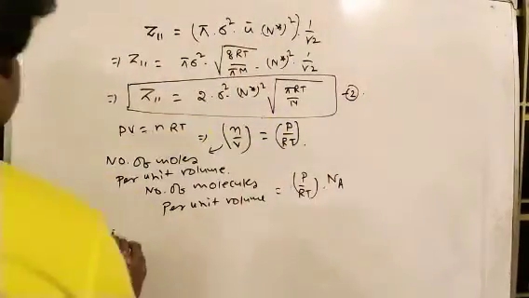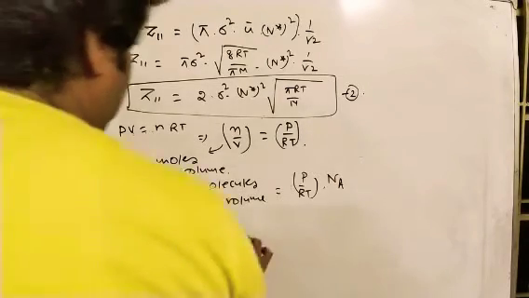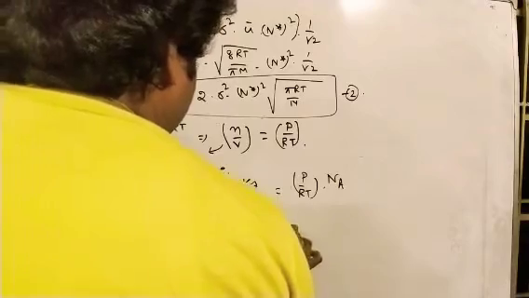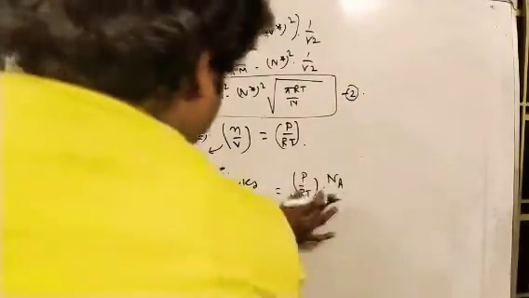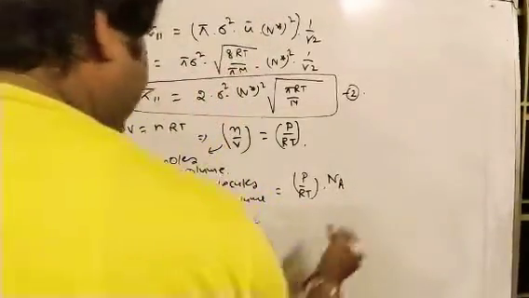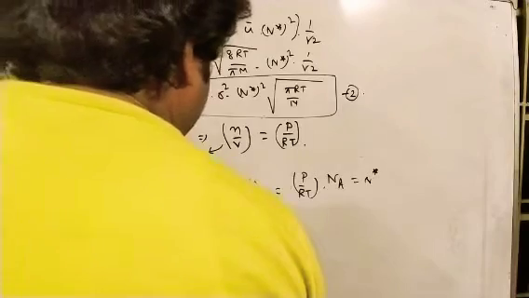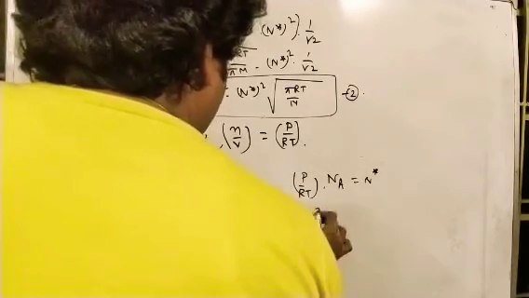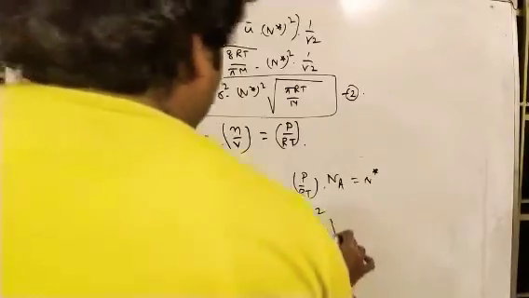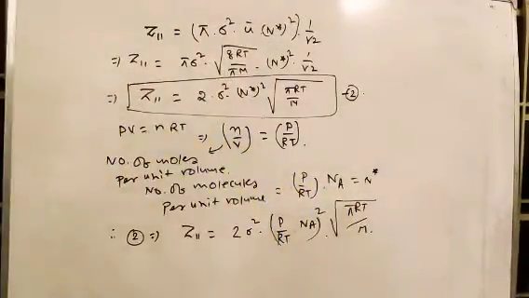If I give it number 2, can you see what we are getting from 2? Z11 is equal to 2 sigma square n star square. In place of n star we can put P by RT into Na, square, into root over pi RT by P. Is it clear to all of you?